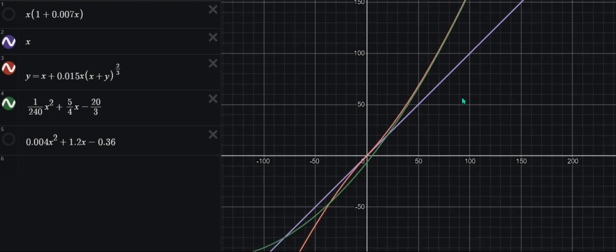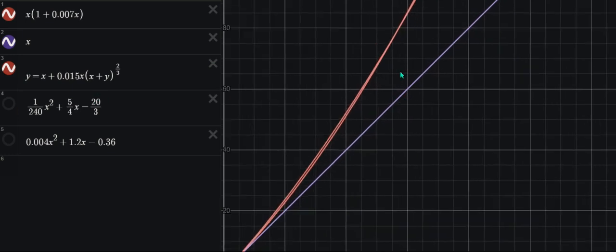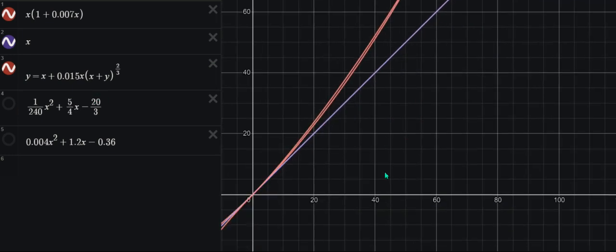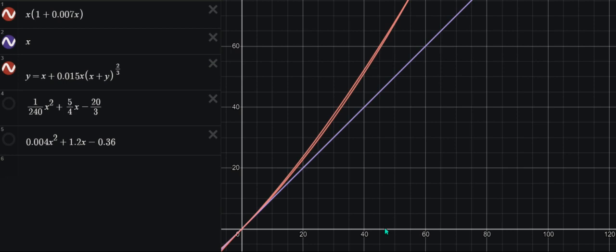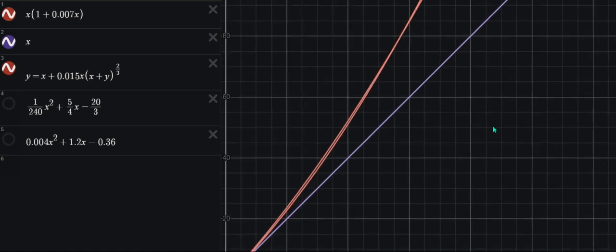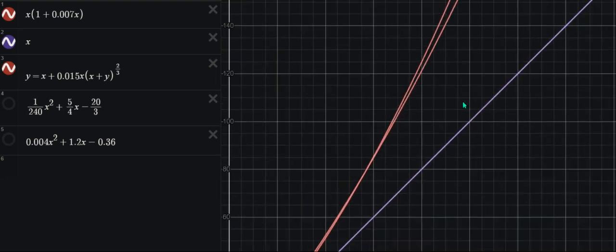Let's go to 7 directly, because at 7 this graph will resemble the actual graph very closely at these values, 40 to 60, and those are elements that we need quite often. Also at 80, 100, it will resemble it, but not that closely.